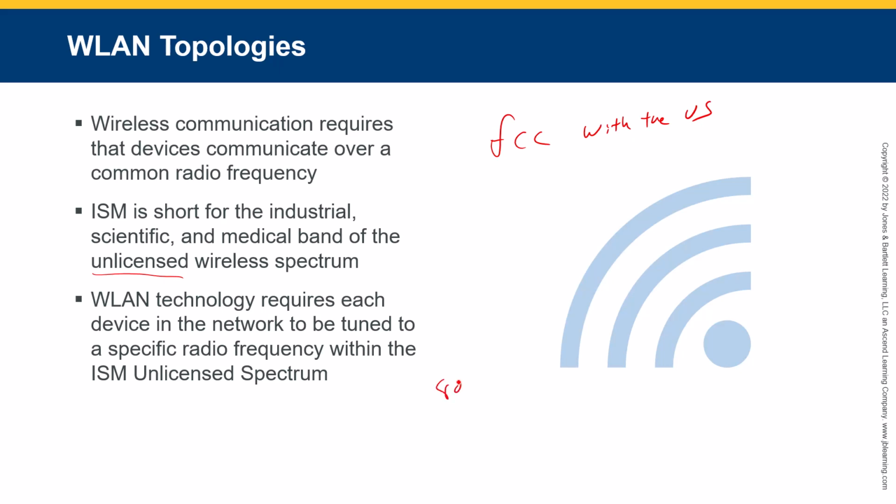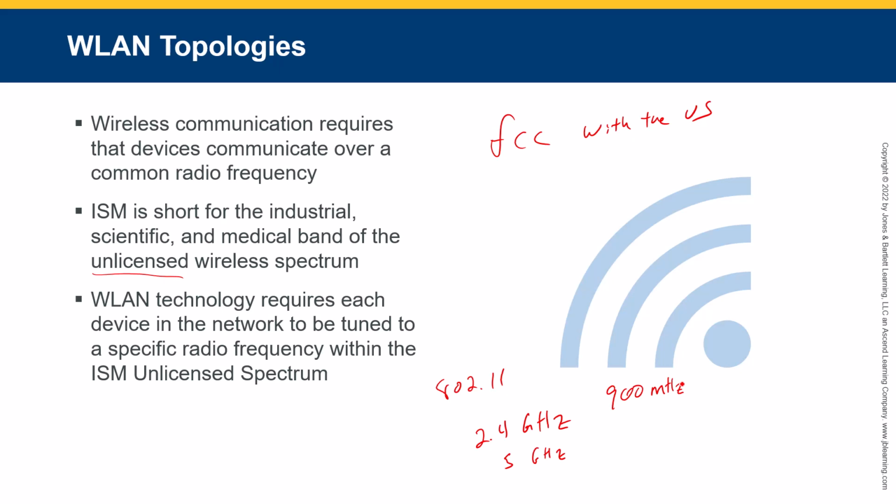Oftentimes when we're talking 802.11, we're dealing with the 2.4 gigahertz or the 5 gigahertz spectrum, sometimes the 900 megahertz spectrum, though in a modern wireless network, the 2.4 and 5 are the key ones.